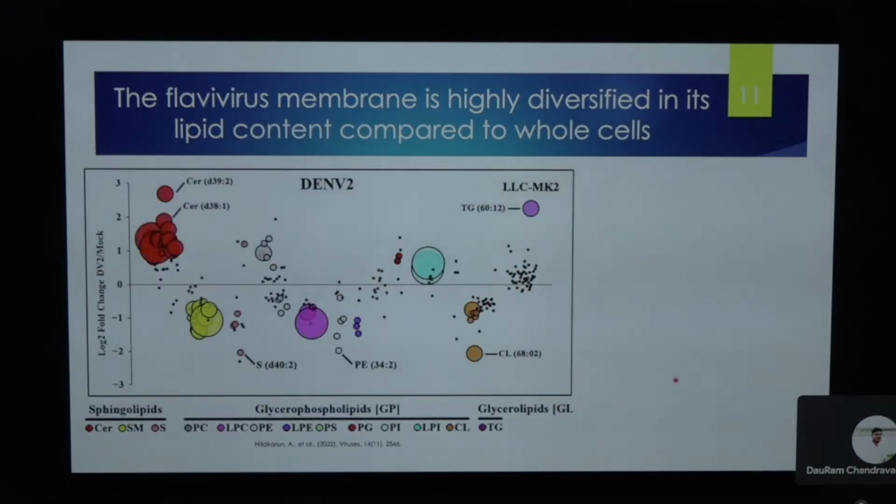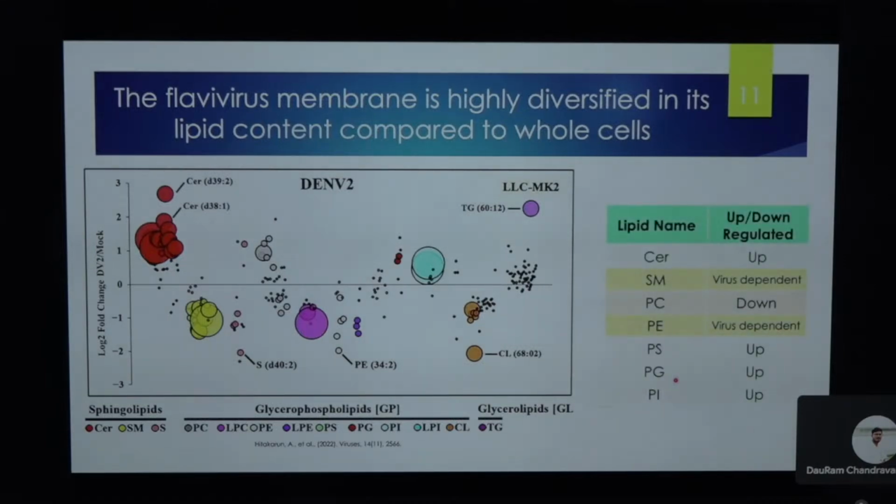And a lot of studies have looked at this using single particle analysis, lipidomics. And what they've been able to find is that ceramides are highly enriched within the virus membrane.